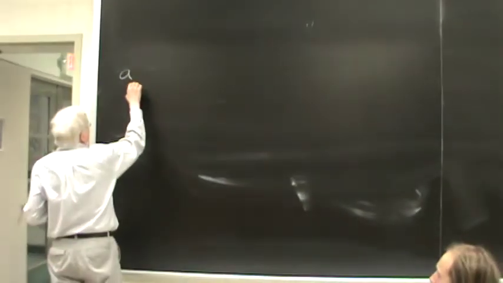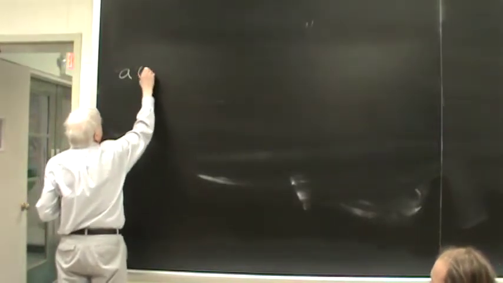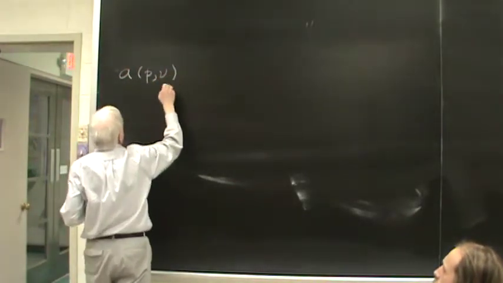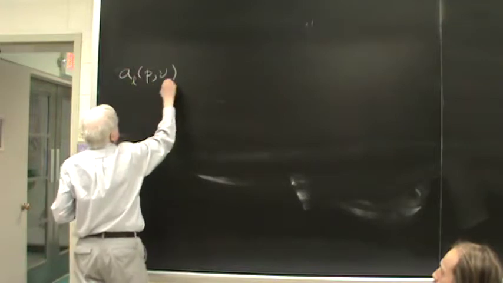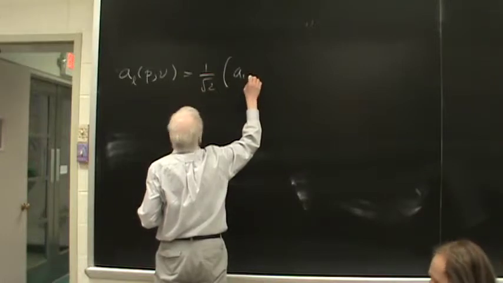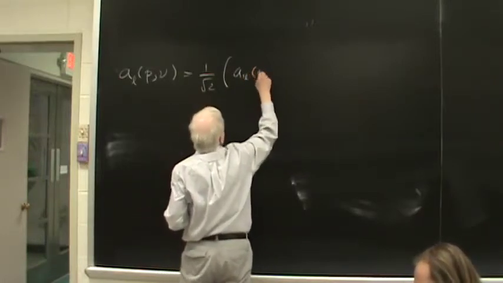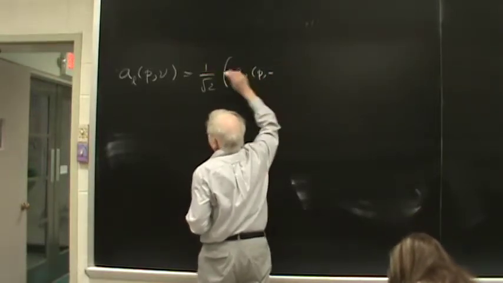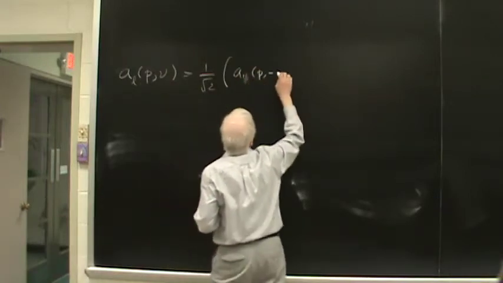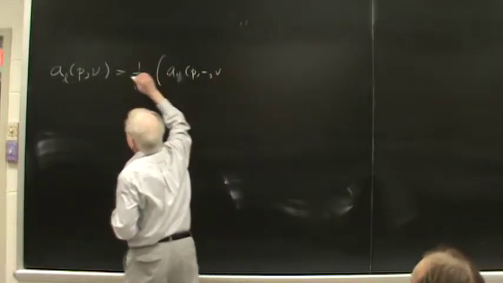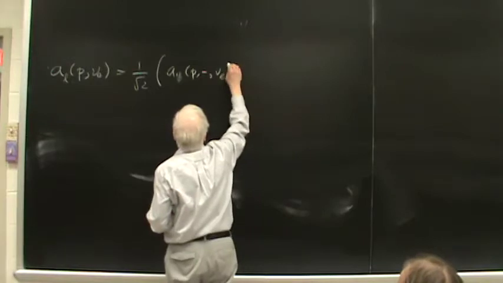Anyway, let's see, what are the annihilation operators, let us say, for the neutrino? Let's say the left-handed neutrino. Well, it's 1 over root 2 times A1 left, I guess I should say, at momentum P. And we know it has negative helicity because that's what the left means, so we don't need a left there. And this is the electron neutrino.